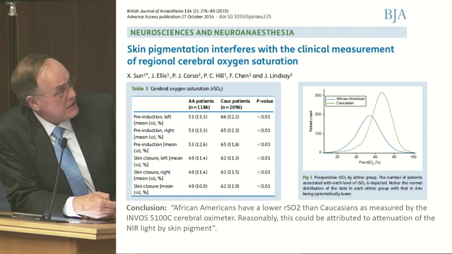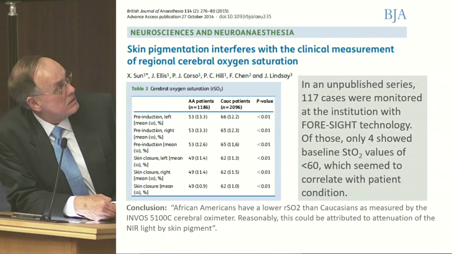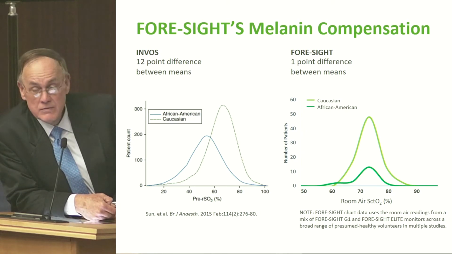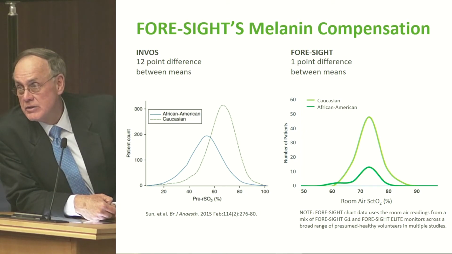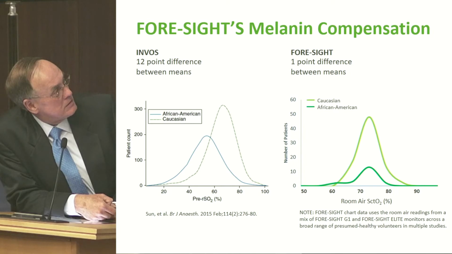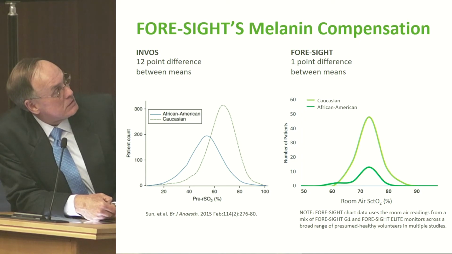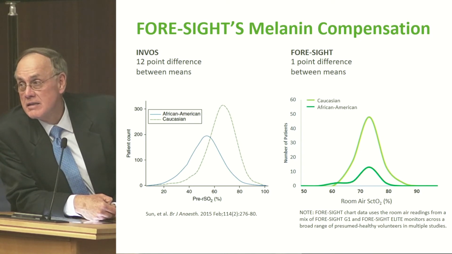And so again, they didn't believe their monitor. They took Foresight, and here's what they saw with Foresight. After only 100 patients, they looked at black patients and white patients. And lo and behold, the readings on black patients were exactly the same as white patients.